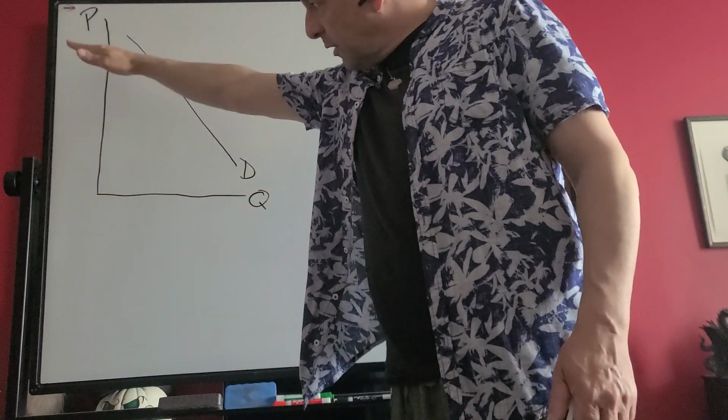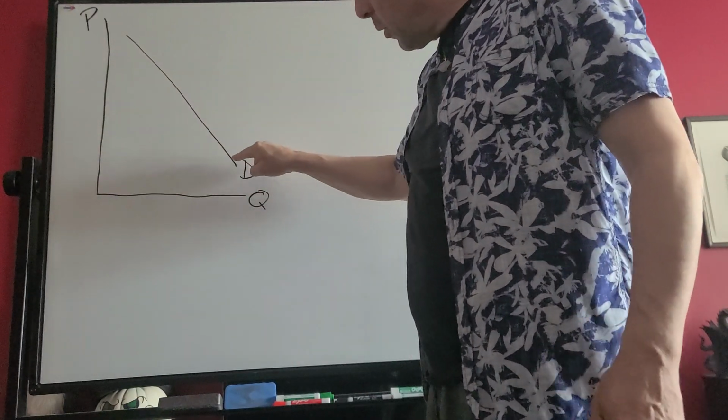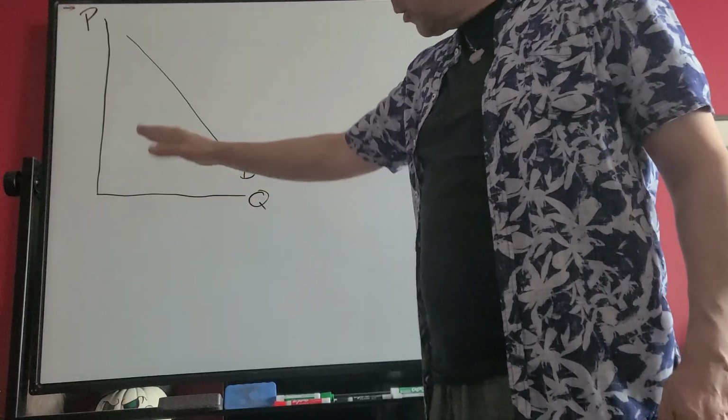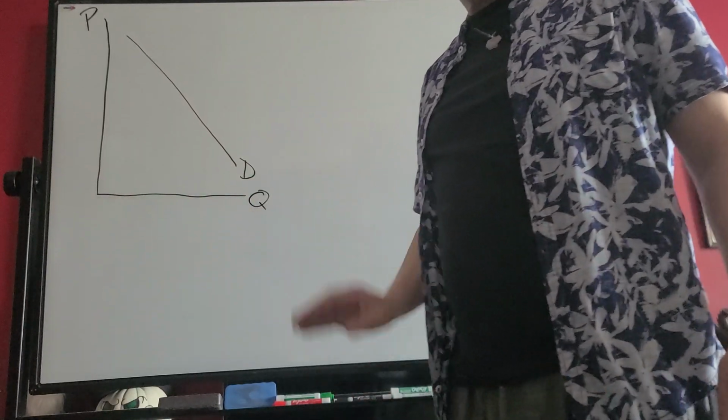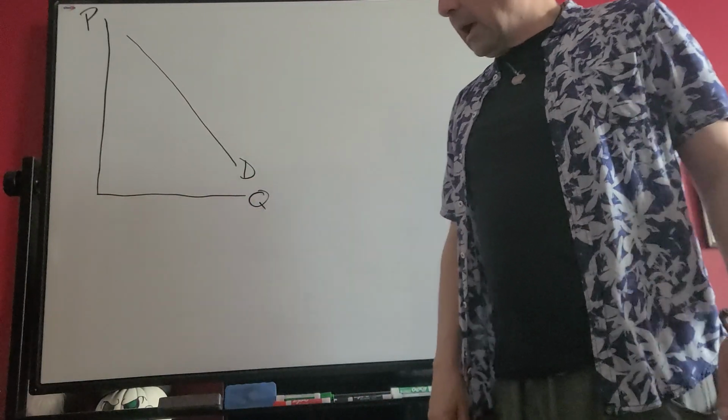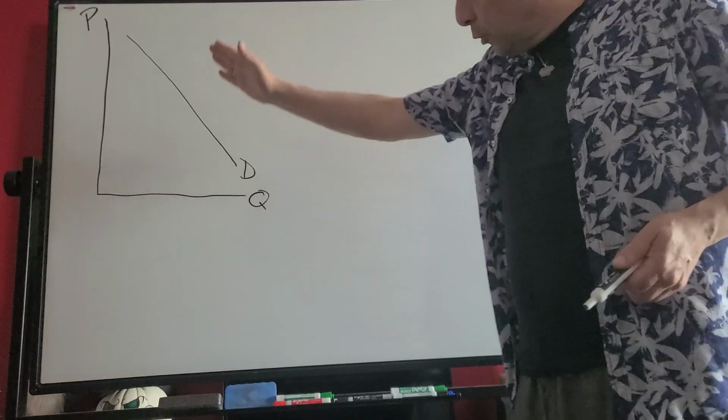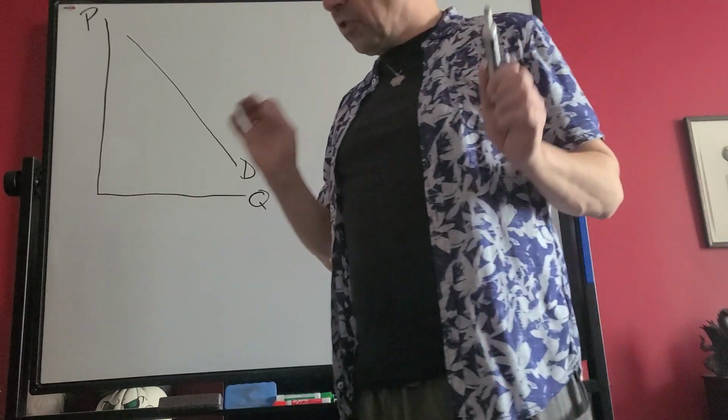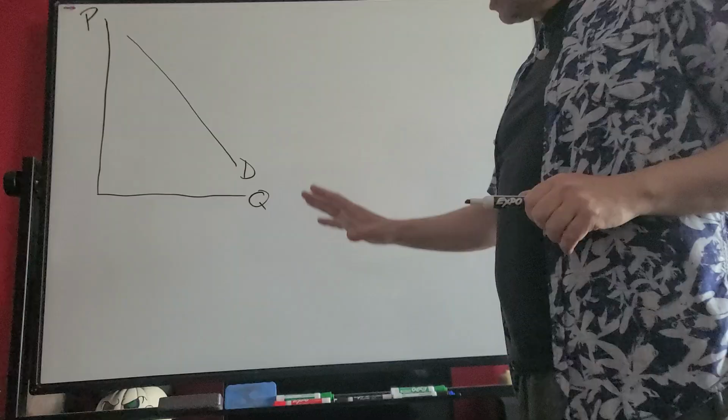All right? And as the price decreases, the quantity demanded will go up. So we're going to have a downward sloping demand curve. We drew this in order to illustrate just that relationship between the price and the quantity.